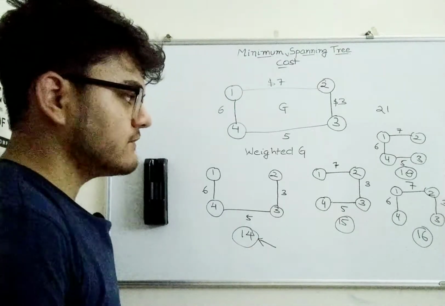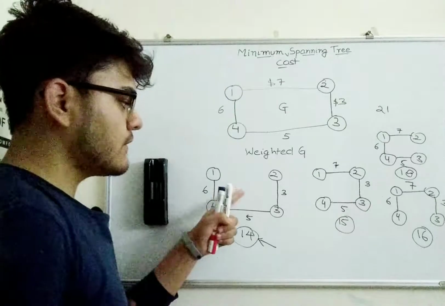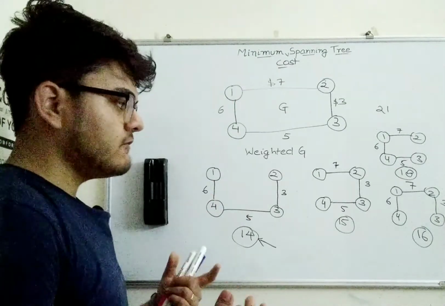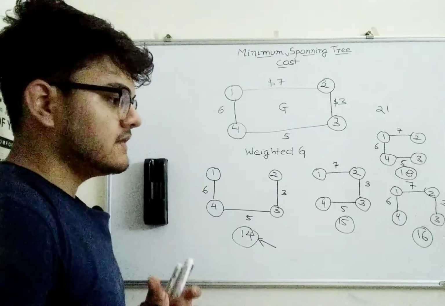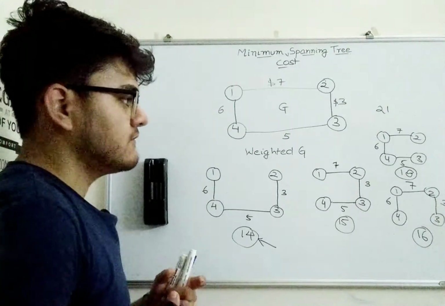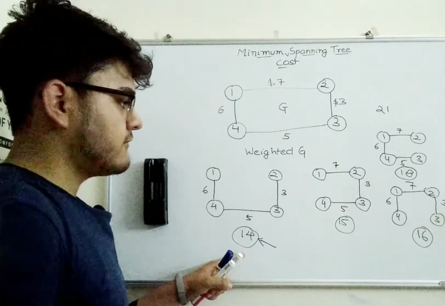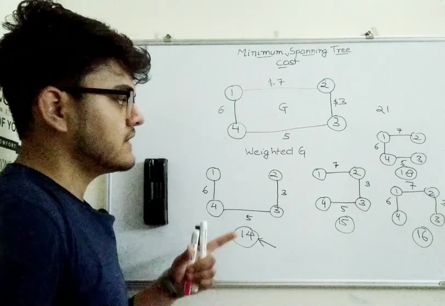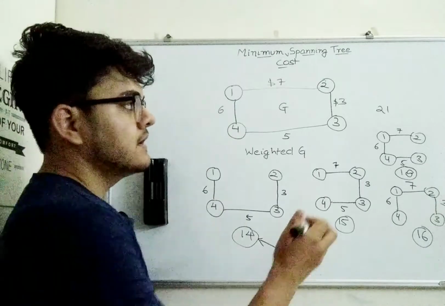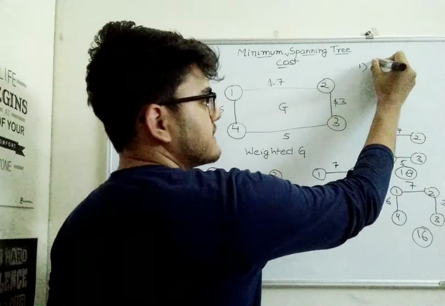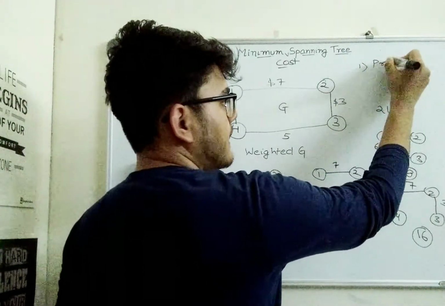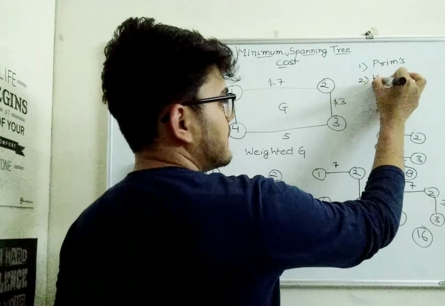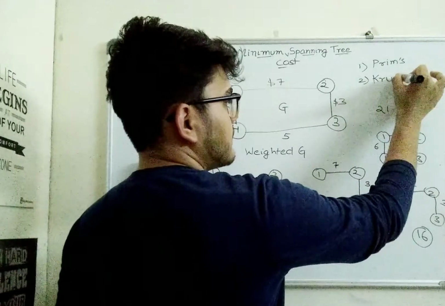So let's suppose we want to calculate the cost of travel between any two positions, and we want a minimum cost. For that type of problem, we need an algorithm. And for the minimum spanning tree, there are two algorithms. One is Prim's algorithm and the second one is Kruskal's algorithm.